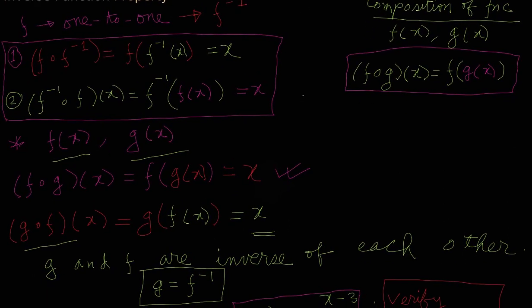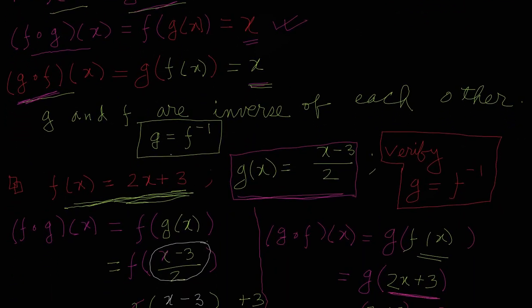We have seen that given a function f of x and a function g of x, if the composition of function f with function g equals x, and also if the composition of function g with function f is also x, then g and f are basically inverses of each other.